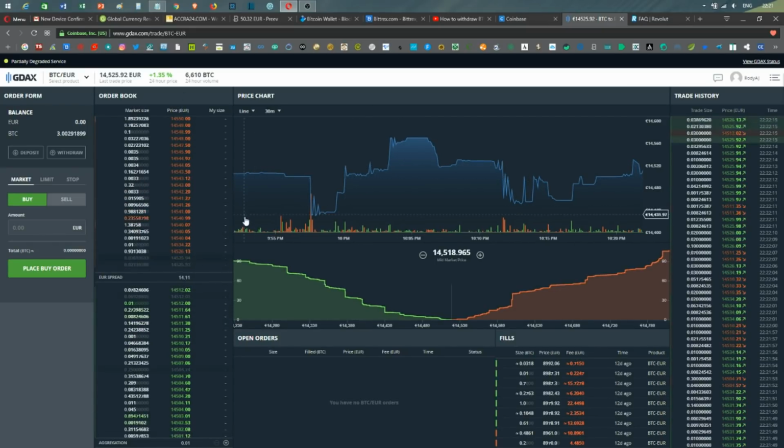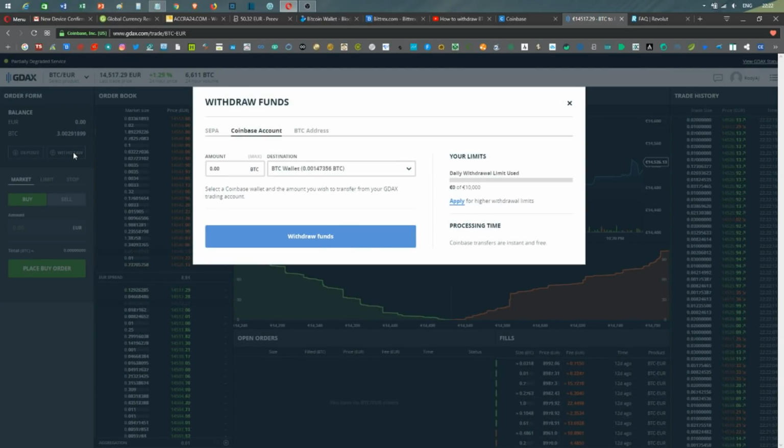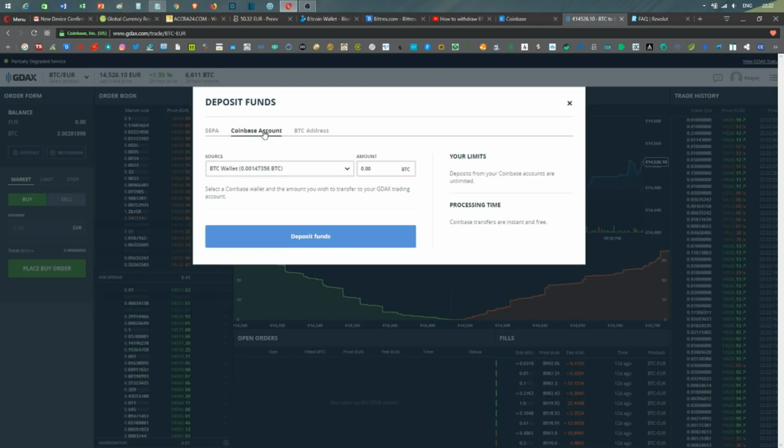So on Gdax, for instance, if I had some amount on Coinbase, I go under Gdax, I go to deposit from my Coinbase account. I search for my Bitcoin. As you can see here, currently under Bitcoin I have 0.00147 of Bitcoin, so it's a very small amount.